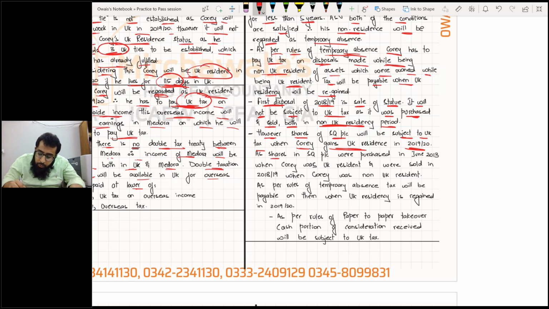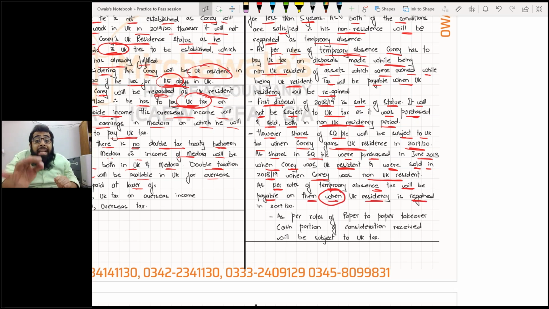As shares in SQ plc were purchased in June 13, when Corey was UK resident, and were sold in 18-19 when Corey was non-UK resident, as per rules of temporary absence, tax will be payable on them when UK residency is regained in 19-20.